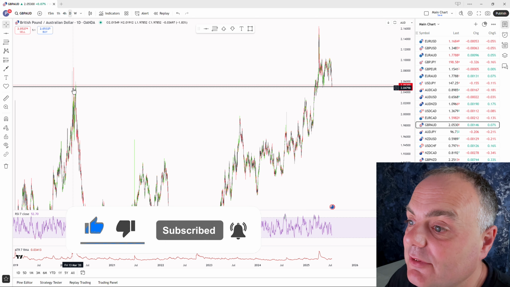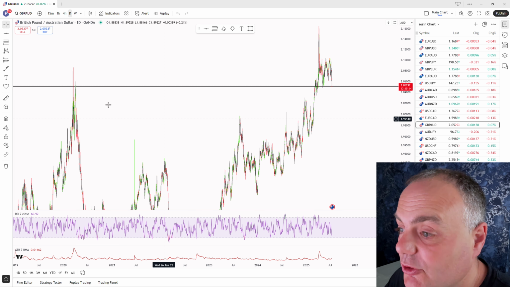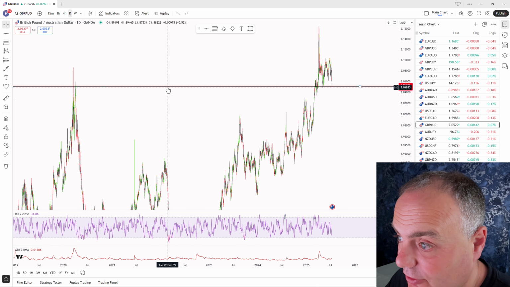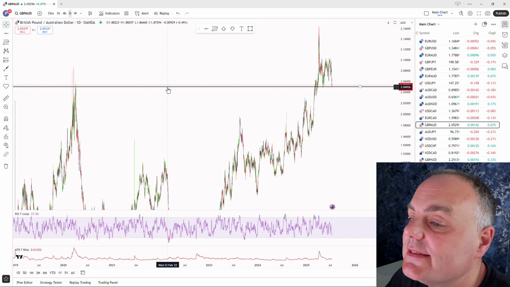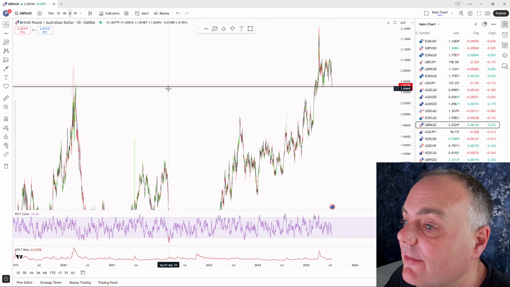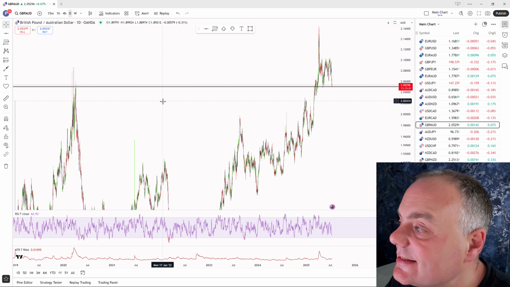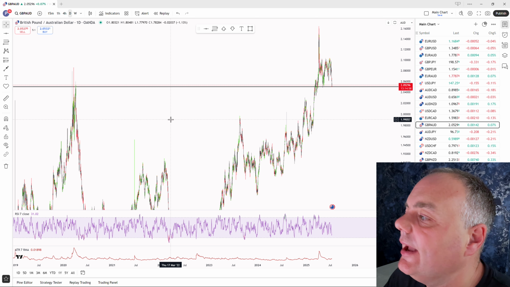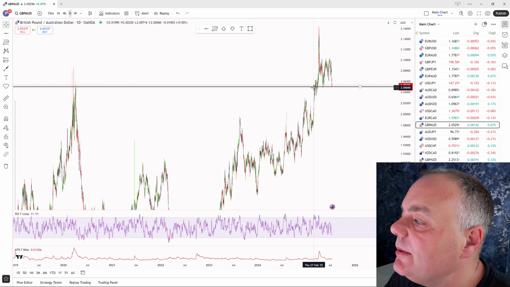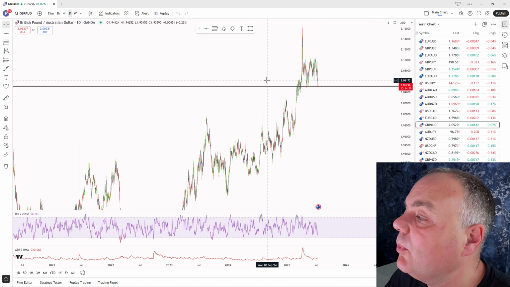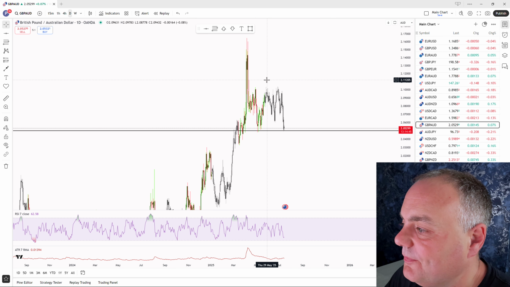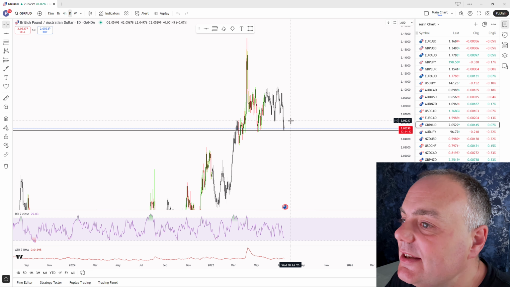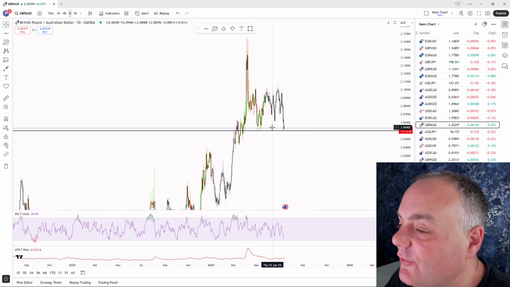It hit this level in 2020, rejected. So it's a structure level, a psychological level as well, but a structure level that has been hit and shown support and resistance from each side. A very strong level. Each side it hits tends to cause support and resistance. And as we can see, it finally broke through that level in March 2025. It's been trading above there since then, but when it hit this level again, pushback, and now it's going to hit again. We have good reason to believe further pushback.